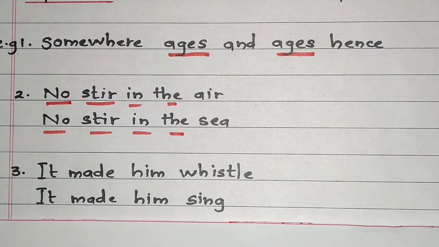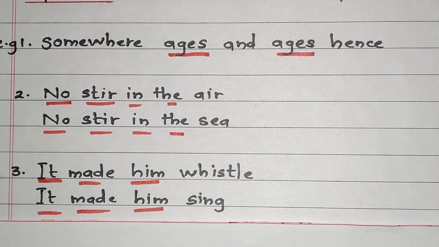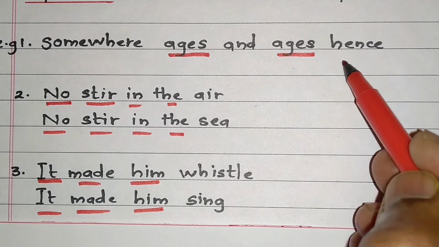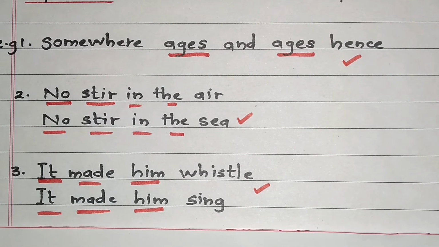Next, it made him whistle, it made him sing. Here again, 3 words, it made him, are repeated. And therefore, in all these 3 examples, the figure of speech is repetition.